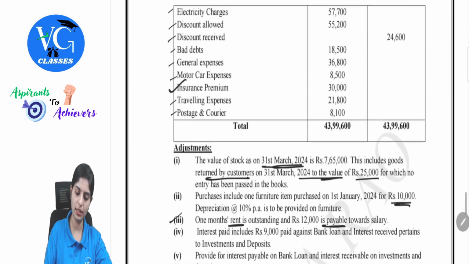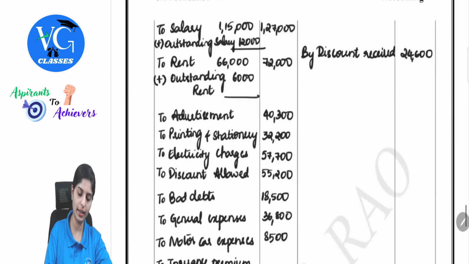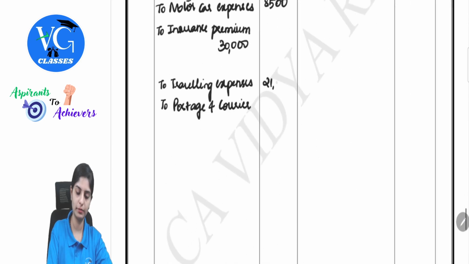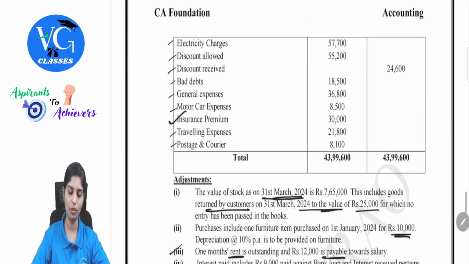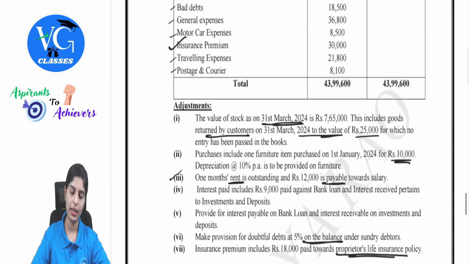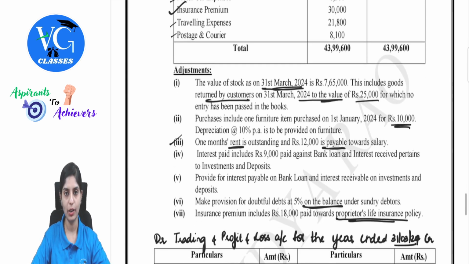Traveling expenses is 21,800 and 8,100. Yes, we have done all of these. Interest paid and received are yet to be recorded. Now moving on to adjustments.